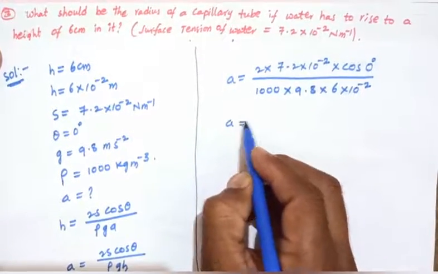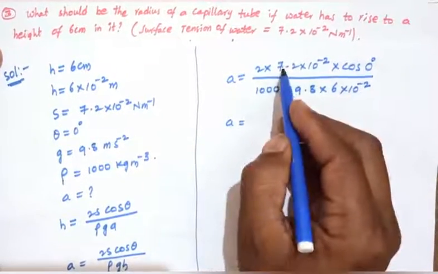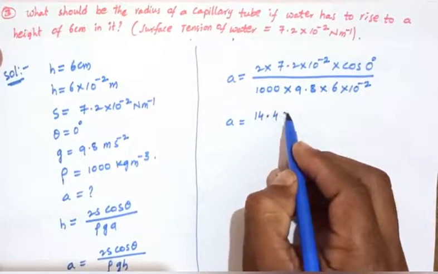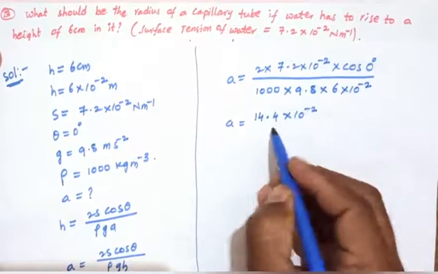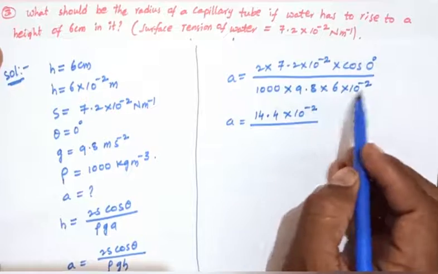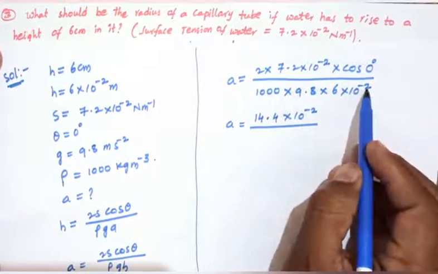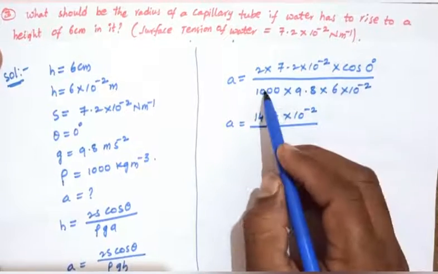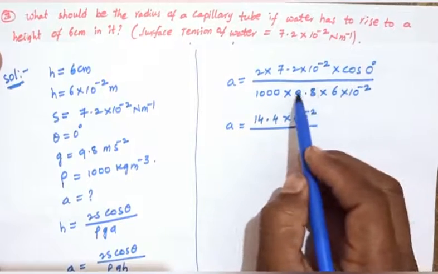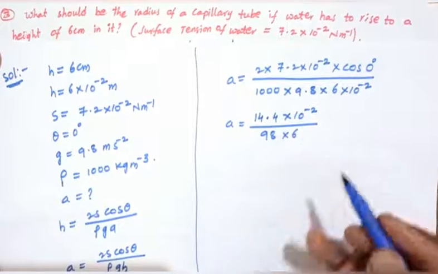Cos 0 equals 1. So 2 into 7.2 equals 14.4 into 10 power minus 2, divided by 10 power 3 into 10 power minus 2, which is 10 power plus 1, into 9.8, so it is 98 into 6.